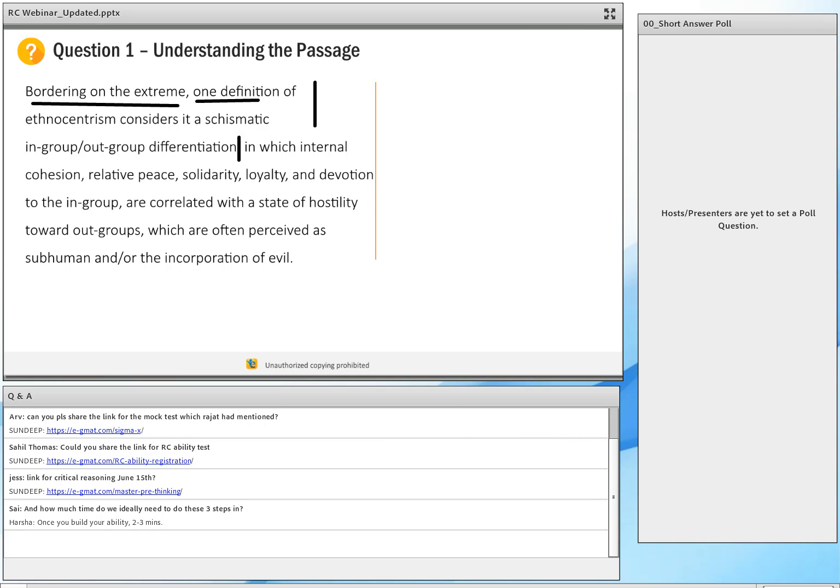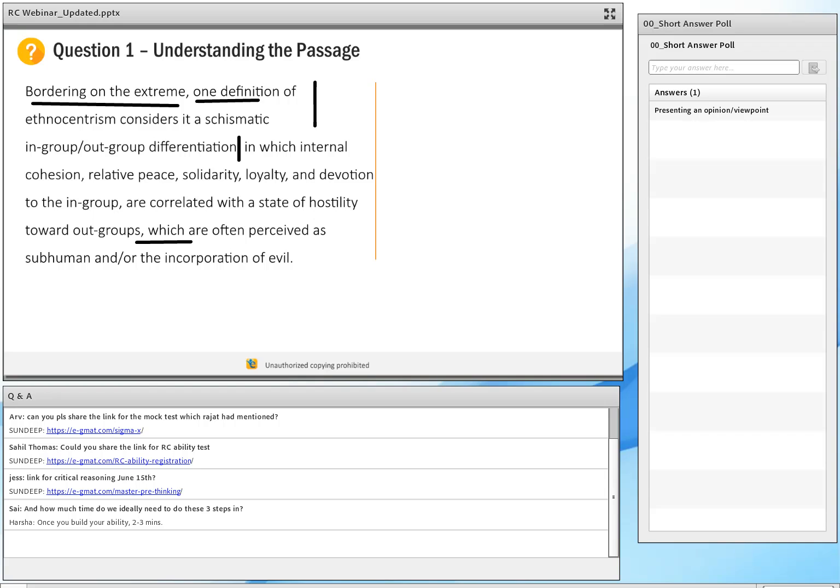So let's look at what in-group out-group differentiation means, in which internal cohesion, relative peace, solidarity, loyalty, and devotion to the in-group are correlated with a state of hostility towards the out-group. And what are out-groups? The comma tells you that this is describing the out-groups, which are often perceived as subhuman and/or the incorporation of evil.